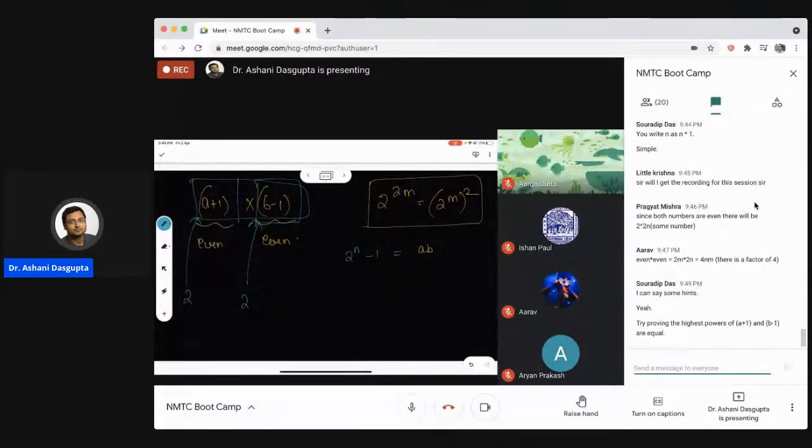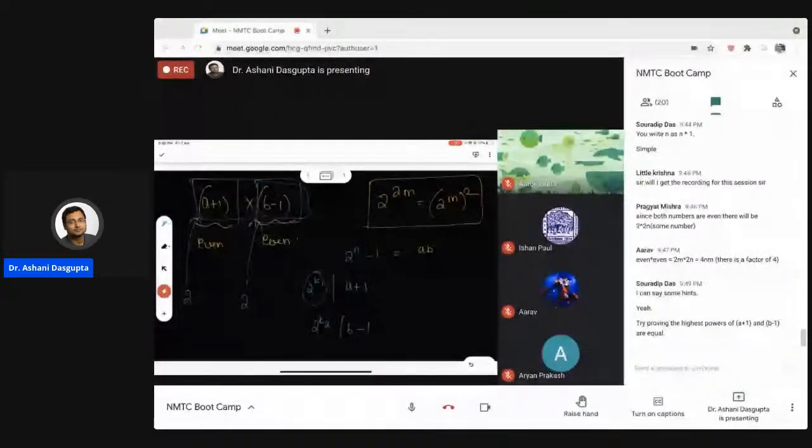Okay. So we have to show that the number of 2's, let's say 2 to the power k1 divides a plus 1, and 2 to the power k2 divides b minus 1. We already showed that both of them are even numbers, right? Both a plus 1 and b minus 1 are even.